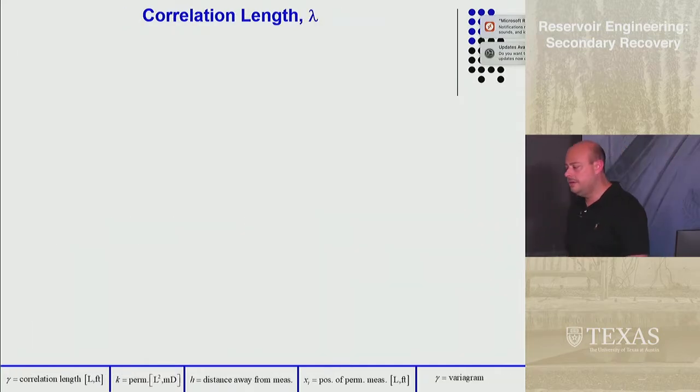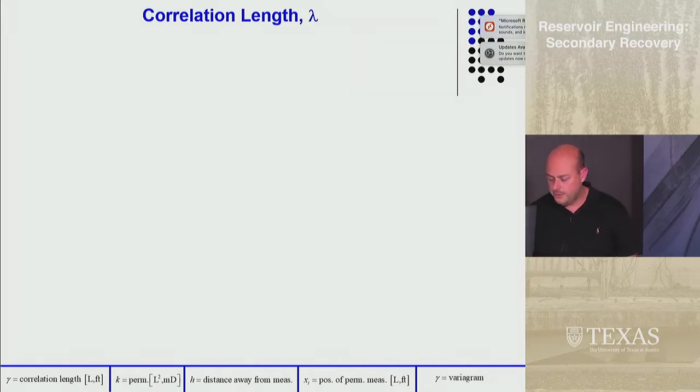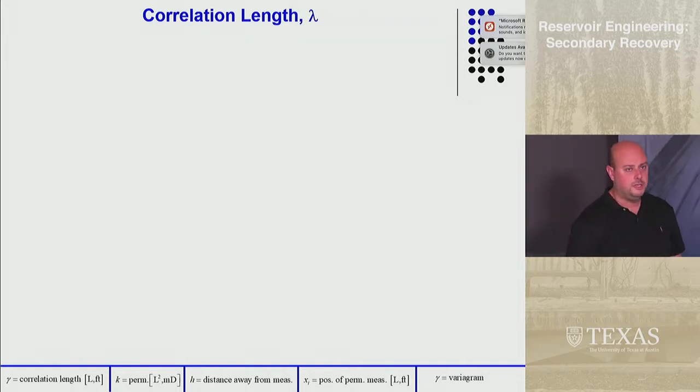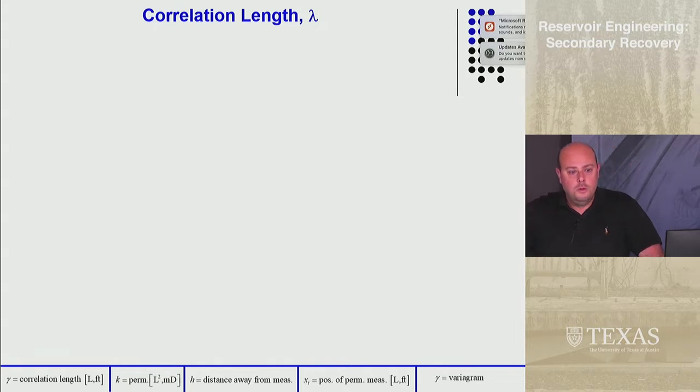Another one is the correlation length. Now, this is important for geostatistics. It's not just the variance. When we talk about variance and heterogeneity, things could be randomly placed throughout.